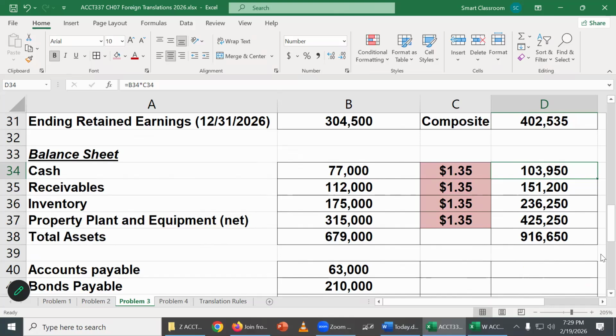Property, plant, and equipment net will be 425,250. And total assets will be 916,650.